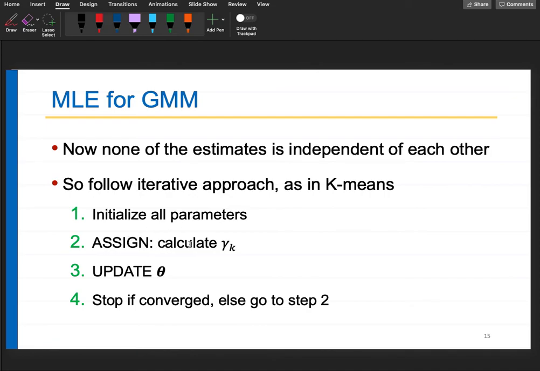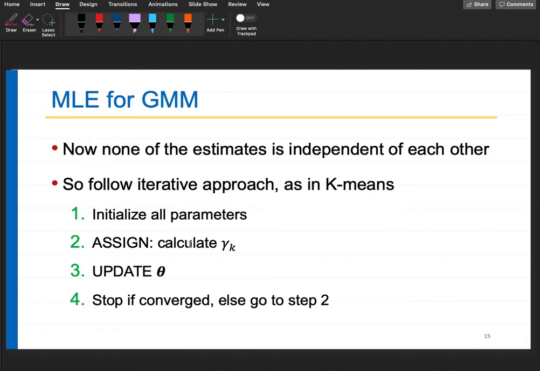Assign means calculate which point belongs to which cluster, which means gamma k. Gamma k is your soft assignment of the sample to the kth cluster, right? So gamma k is 1 if your point belongs to that cluster. It is 0 if it does not belong to that, and there are intermediate values which show partial membership.